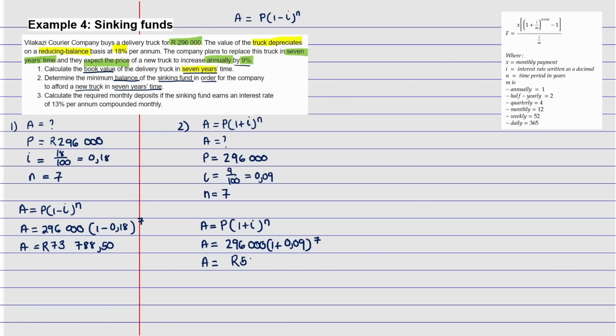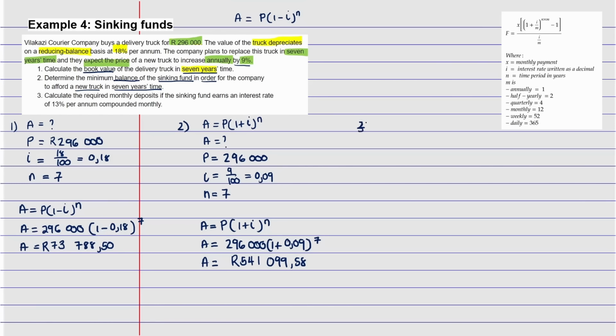It's going to cost 541,099.58. So this is the amount of the new truck in 7 years, this is how much it would actually cost. So that answers the second question.